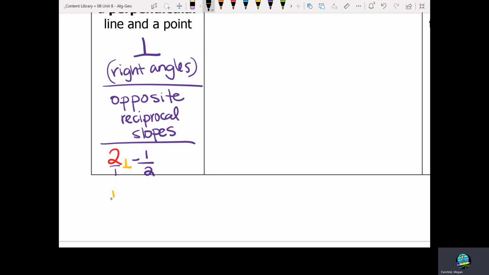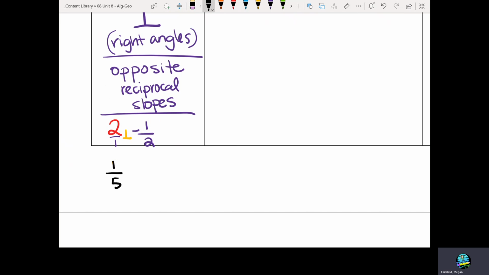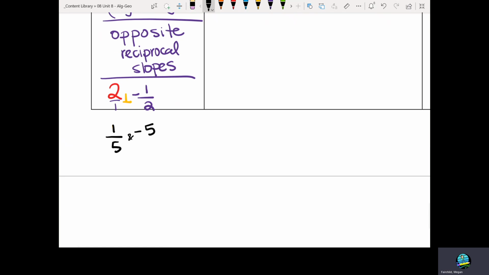What if I said the slope is 1/5? What would be the opposite reciprocal to that? So -5. Yep. Those would be perpendicular lines. Let's try another one. -3/4. What's the opposite reciprocal of that? 4/3. Good.